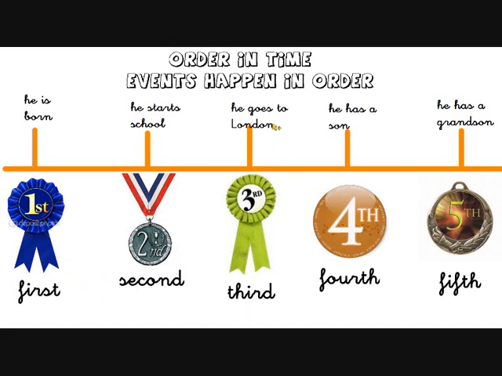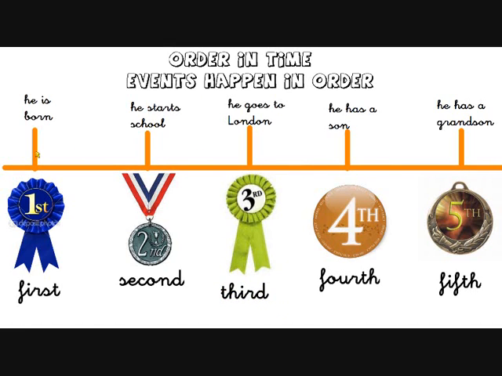We don't say he goes to London in number three. We say he goes to London is the third event in this timeline. Yes, this is the timeline. 1, 2, 3. Now, first, second, third event. The same thing with the number 4.